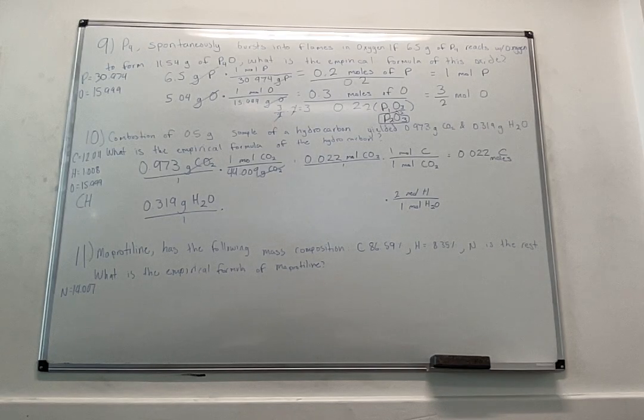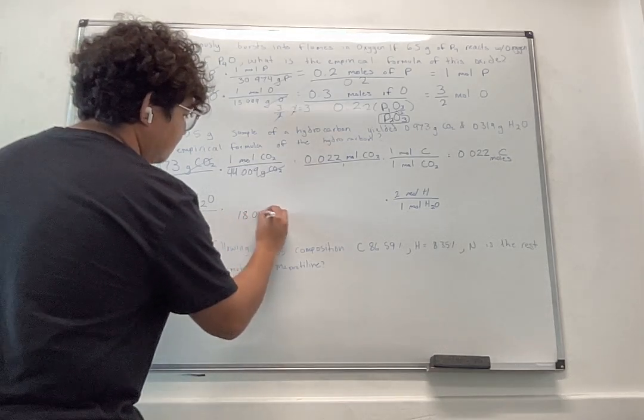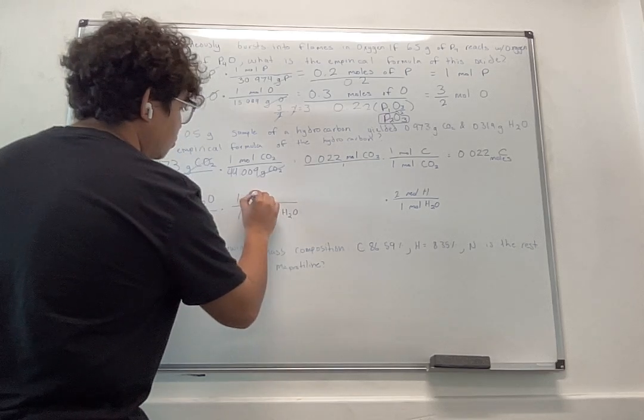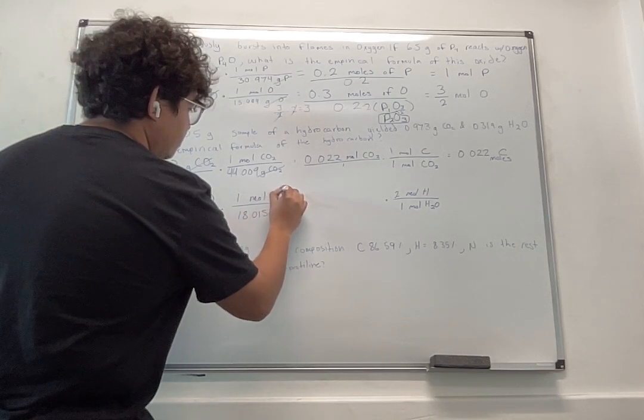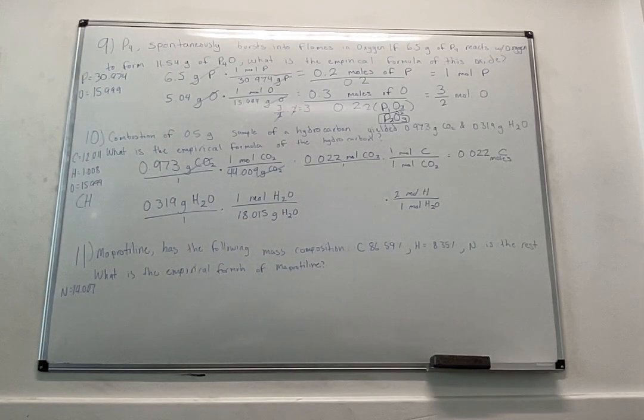Should give us 18.015 grams of H2O for every mole of H2O. Okay, so now we got 0.319 divided by 18.015. There we go.